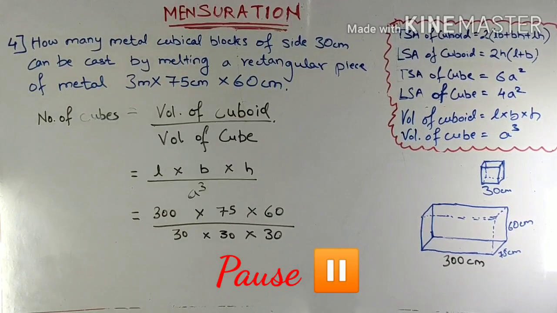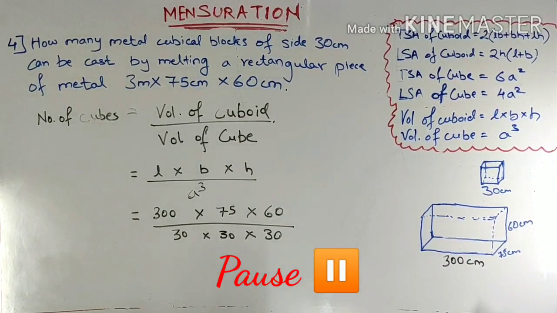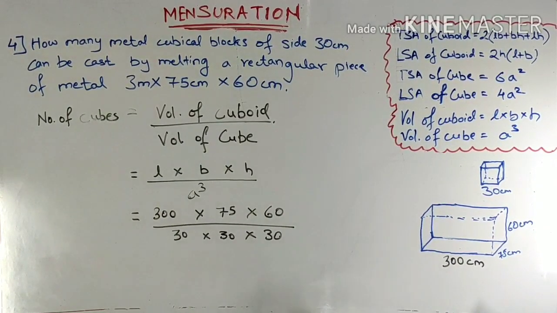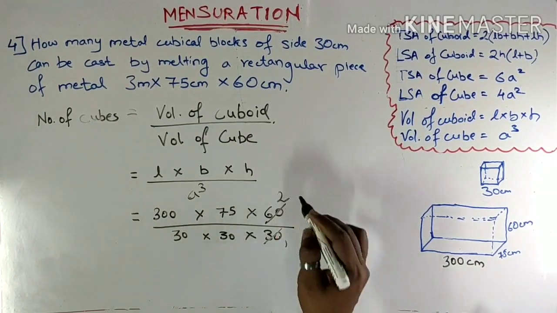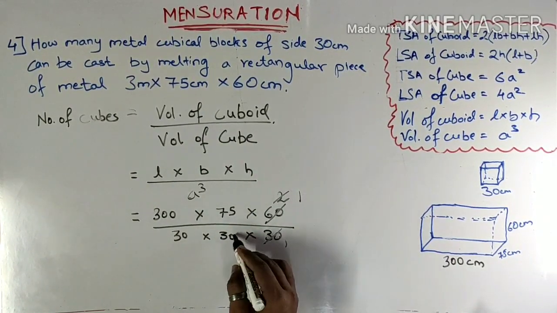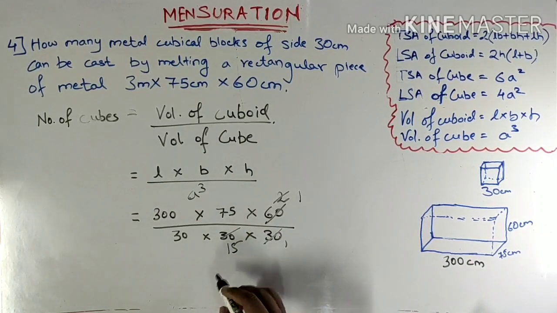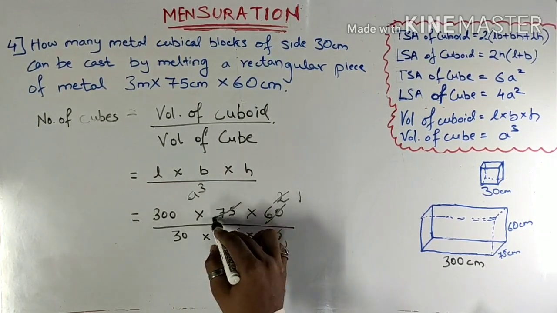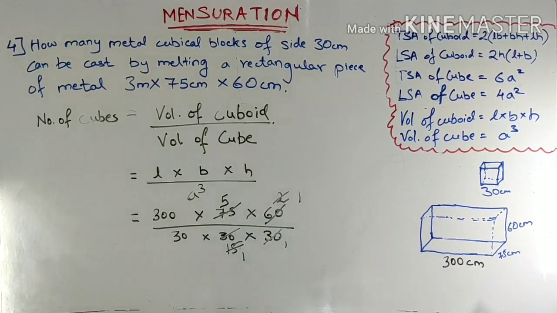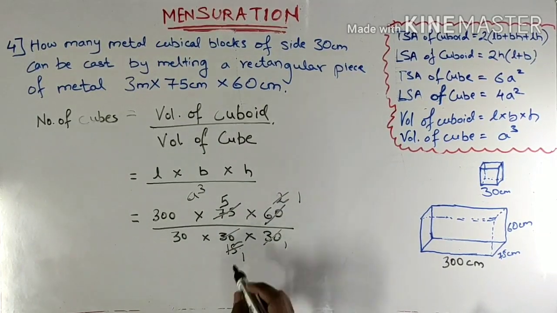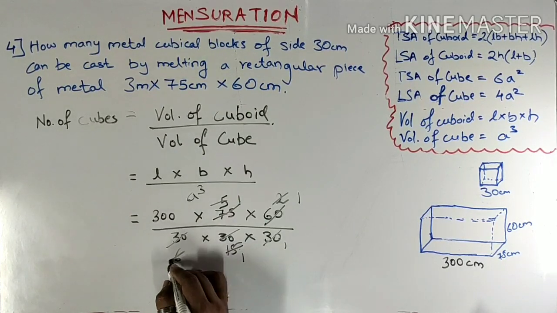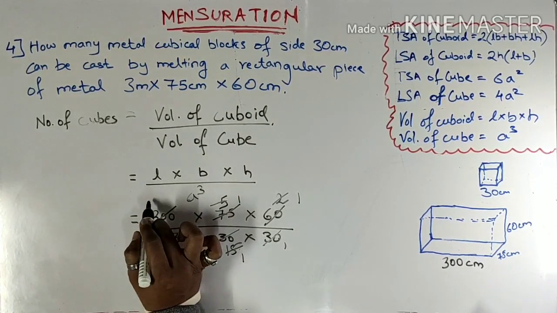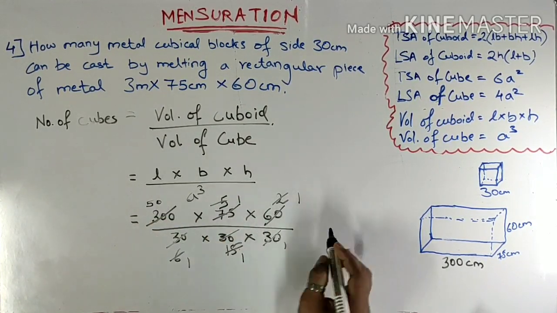Now those who solved it, please cross check your answers. While simplifying, 30 ones are 30, 2 threes are 60, 2 ones are 2, 15 twos are 30, 15 ones are 15, 5 threes are 15, and so on, reducing step by step.